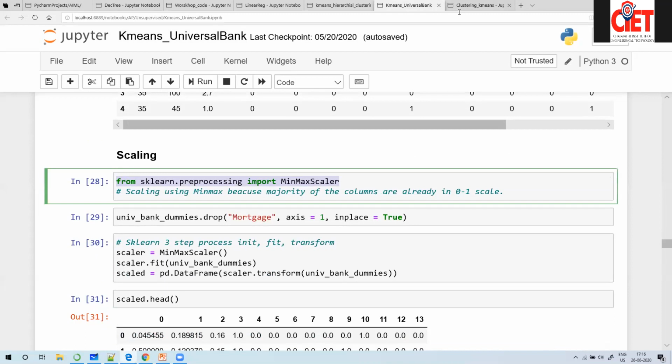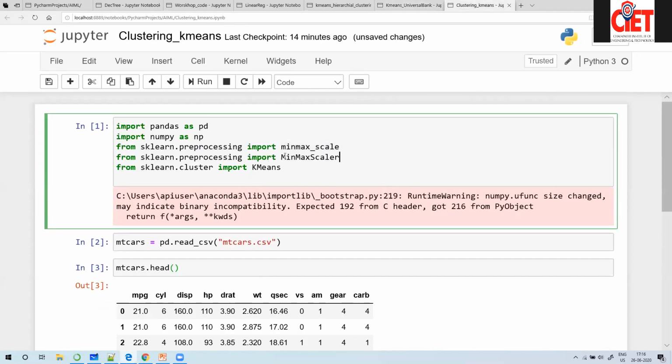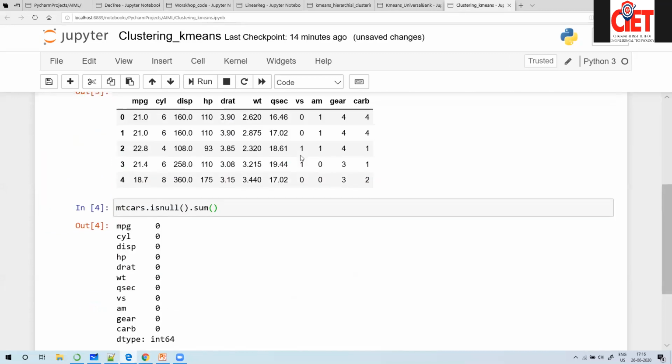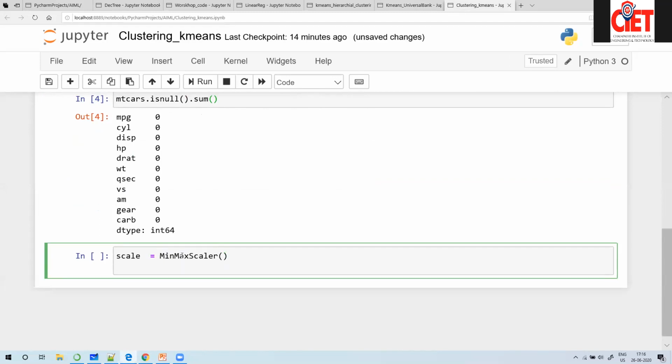Because it's easy. I'm going to use this MinMaxScaler. Too many options, so it's difficult for us, even after working so much on this, to remember all the operations and options that are available.